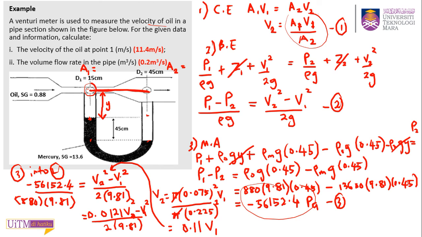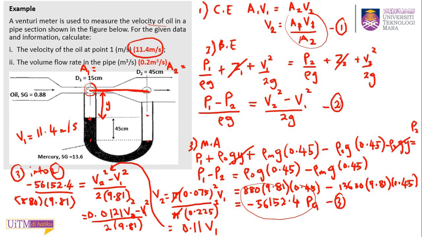Then you multiply by 880 times 9.81, and then divide by negative 56152.4, and that value gives you V1, which should be equal to 11.4 meters per second. Okay, can?